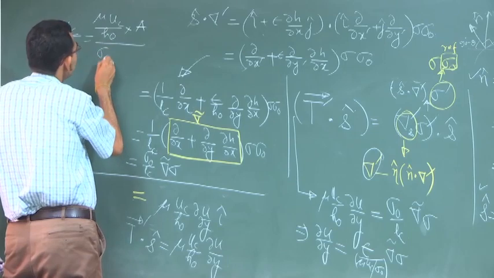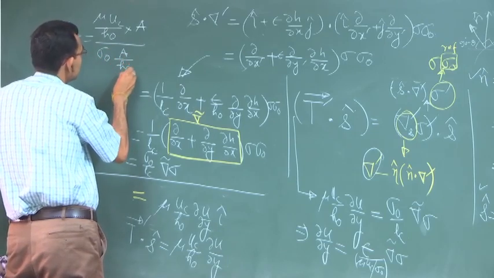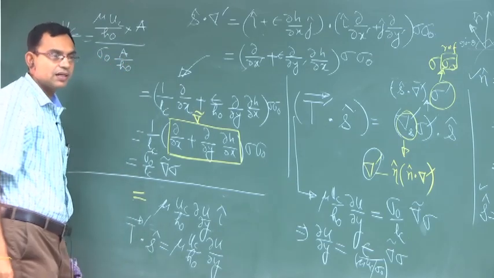And this is sigma 0 into A by h naught, where A by h naught is a characteristic length.